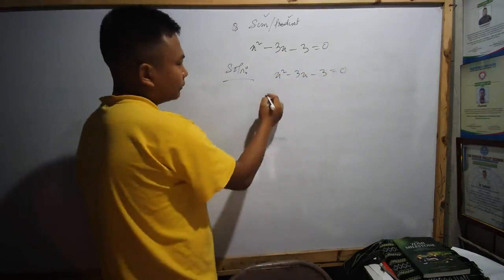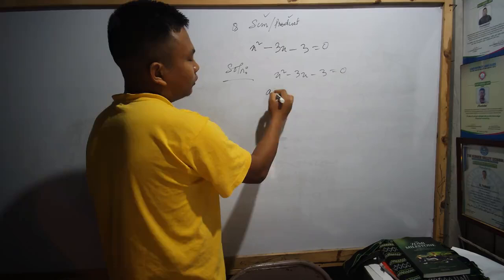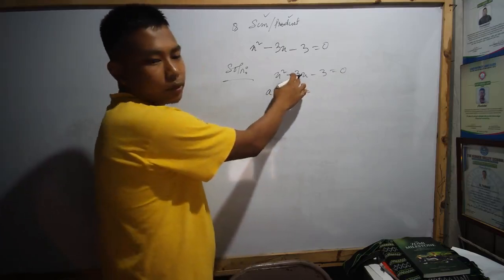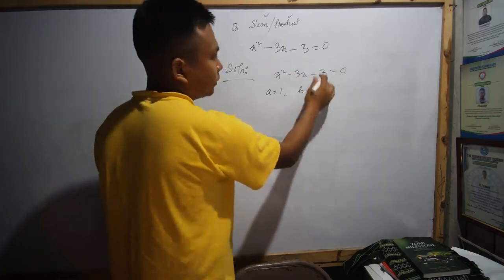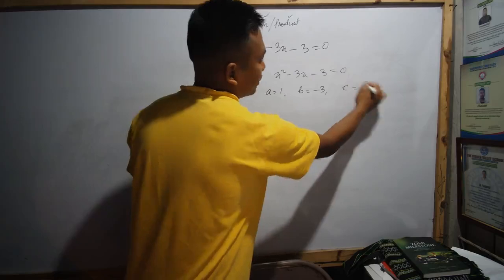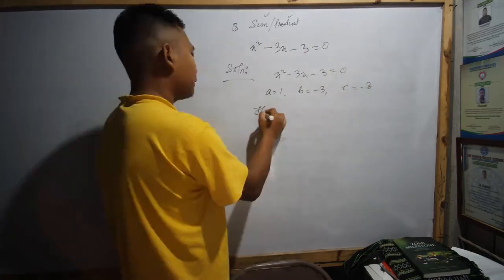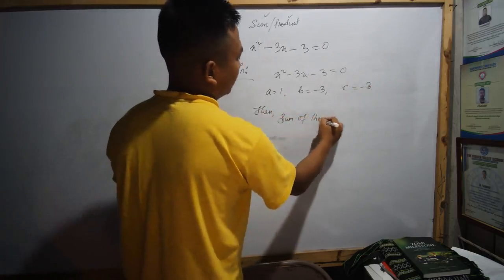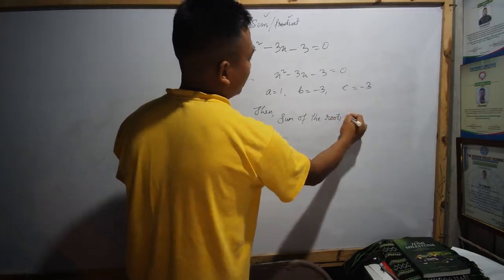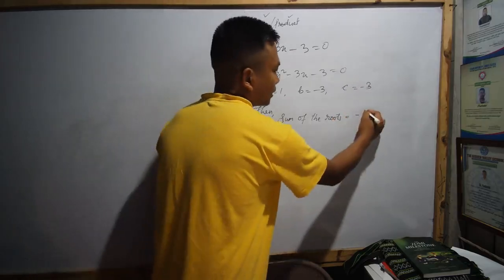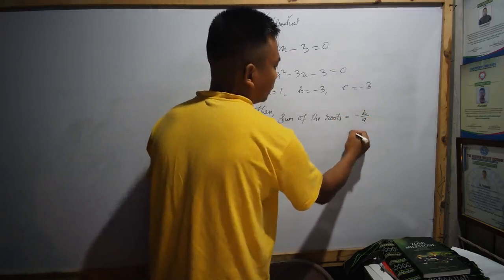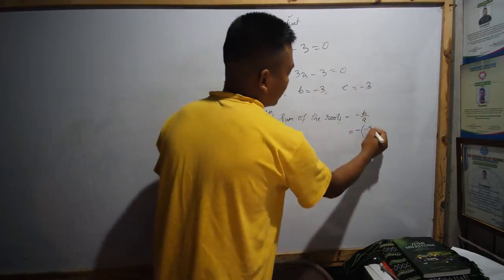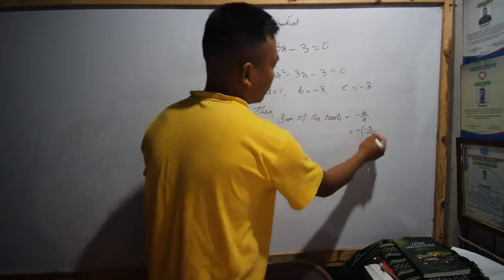Then a value is 1, b value is minus 3, and c value is minus 3. Sum of the roots is minus b by a. The b value is minus 3, divided by a, which is 1.